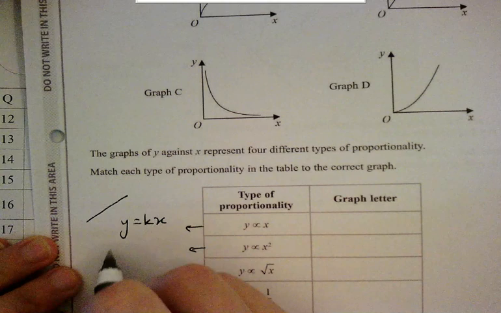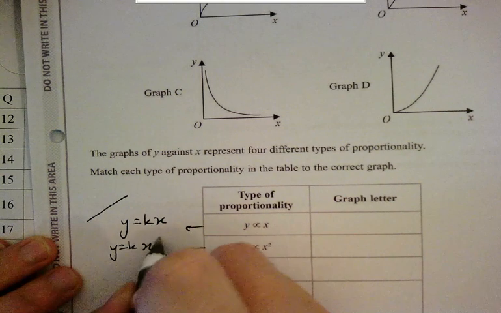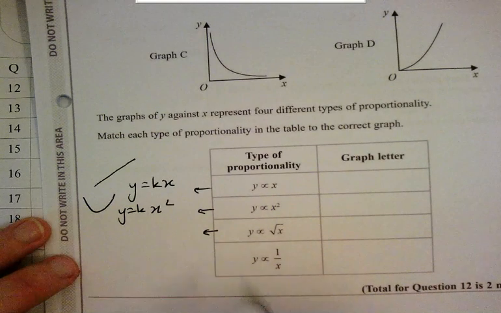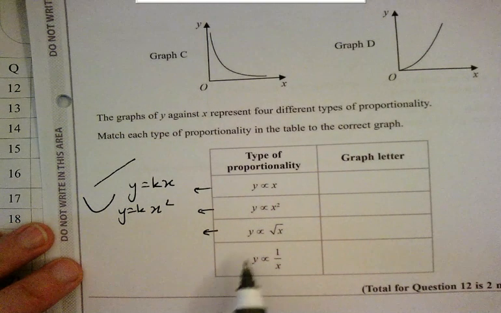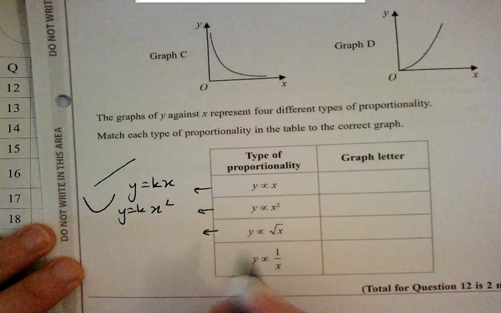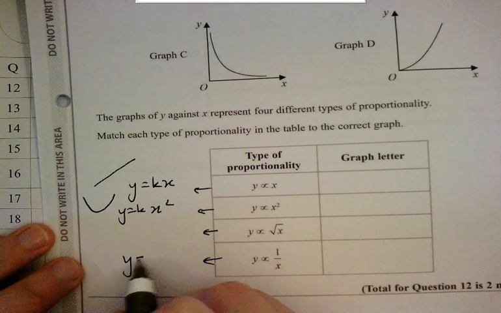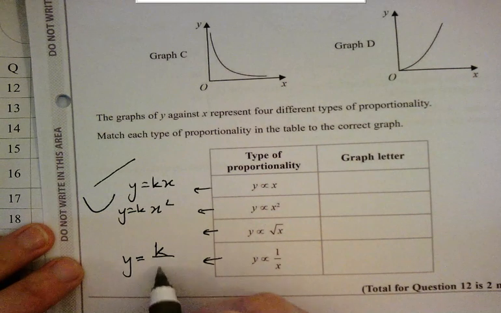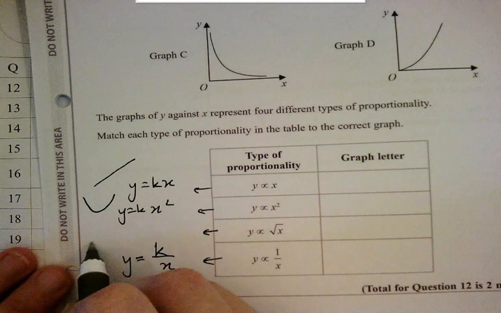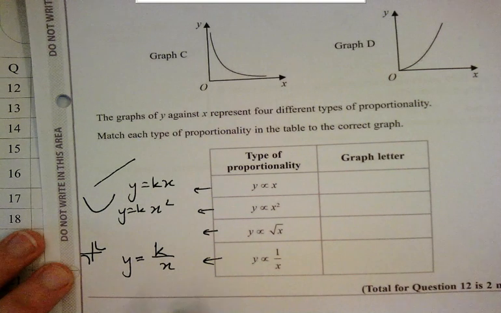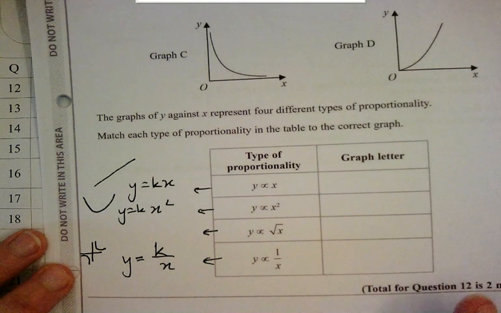Y equals kx squared, so that would be a positive quadratic. Y is proportional to the square root of x, I'm going to come back to that one, I'm not so comfortable with that one, and y is equal to k over x, which I know is a reciprocal graph which looks like this. So I'm going to see if I can find those three and then hopefully I'll be left with the one for the square root.